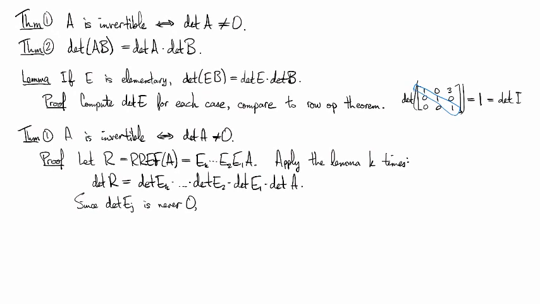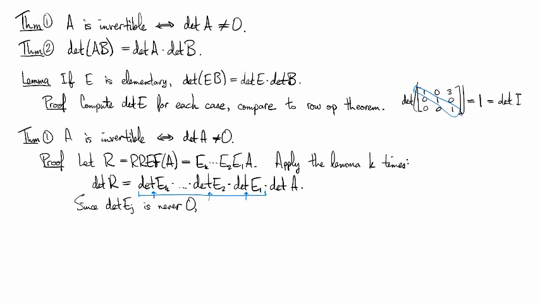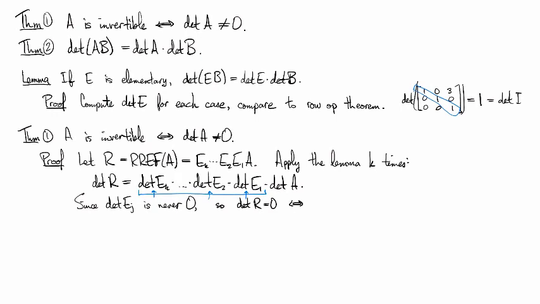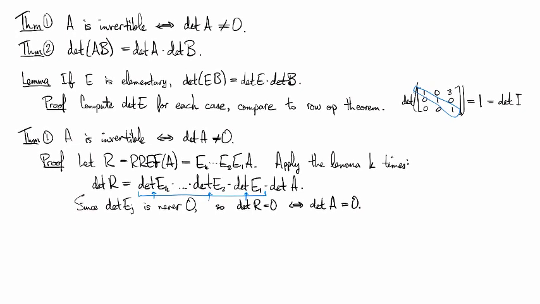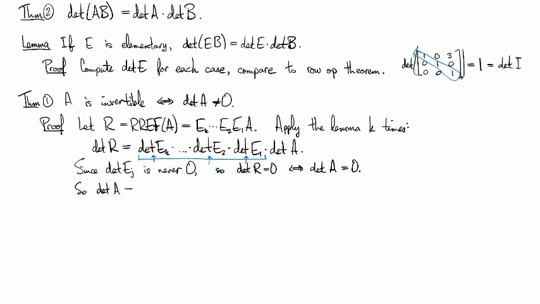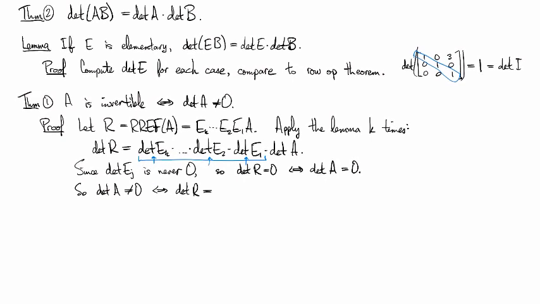And if we have a product of things equal to 0, the only way that can happen is if one of those things is equal to 0. So the determinant of R is equal to 0 if and only if the determinant of A is equal to 0. Or equivalently, the determinant of A is non-zero if and only if the determinant of R is non-zero.